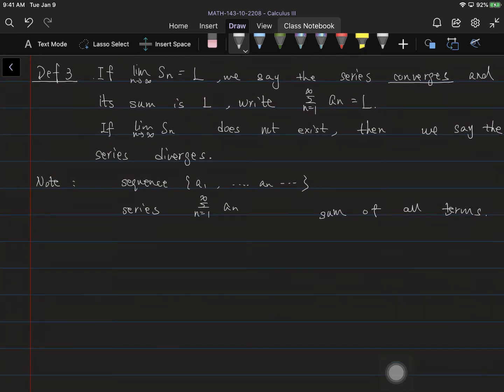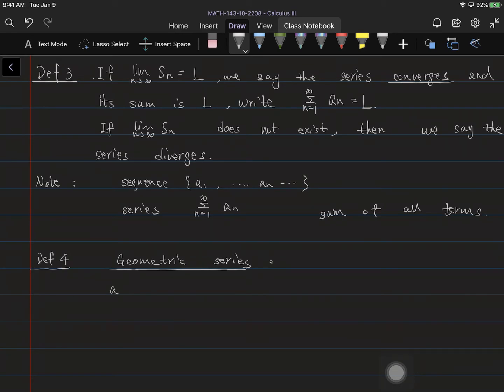Next, we are going to do another definition. Actually, this is another commonly used series. It's called a geometric series. It's a kind of special form of series. Okay, I'm going to show you what the series look like.